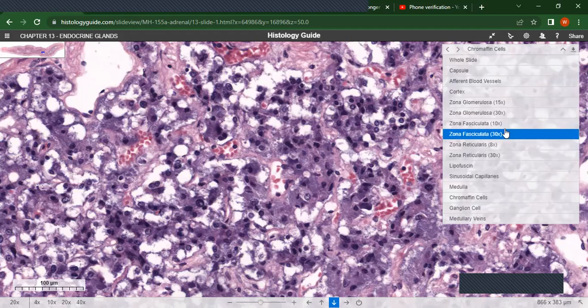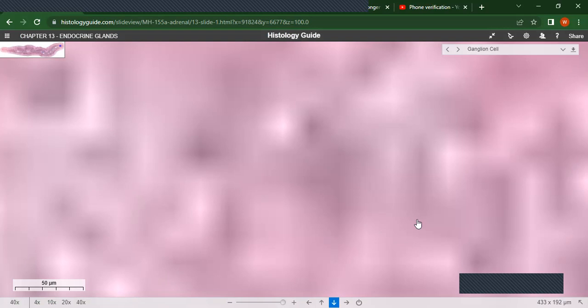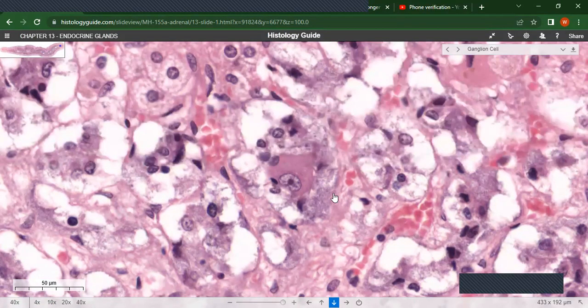Okay, let's see a ganglion cell. Yes, this is a ganglion cell. So it is part of the preganglionic sympathetic fiber. So it releases acetylcholine here. The acetylcholine stimulates the chromaffin cells to produce catecholamines, which are released into the circulation.